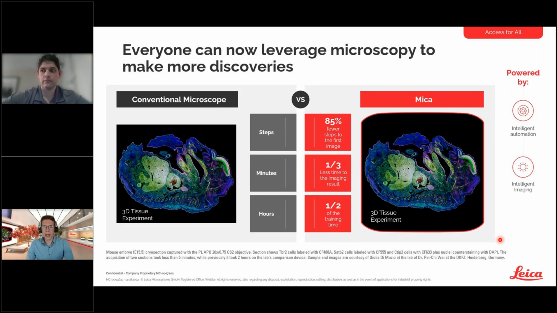Typically, if you had to set this up manually, even as an expert user, it would take a lot of steps to get to this image. Now with MICA, it's 85% fewer steps. The same goes for the time it takes to acquire it, which is around 1/3 less than if you would do that manually.